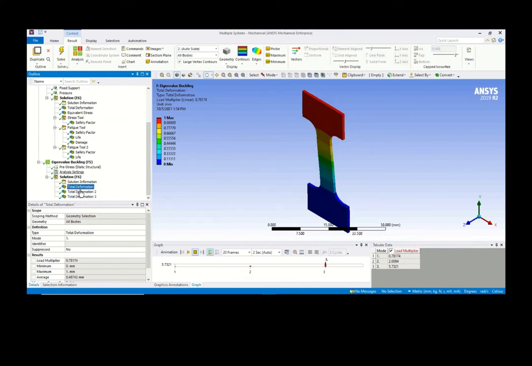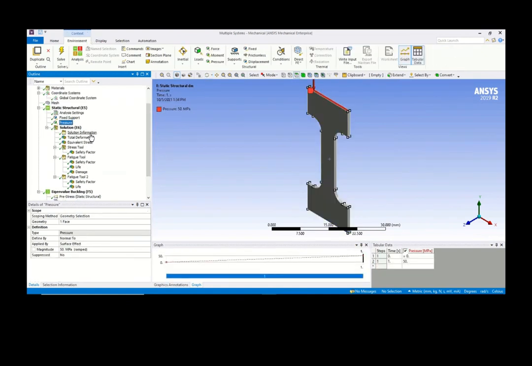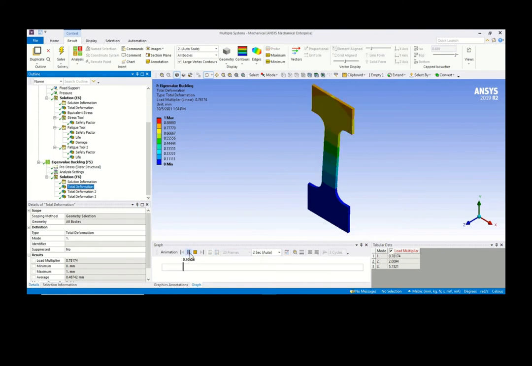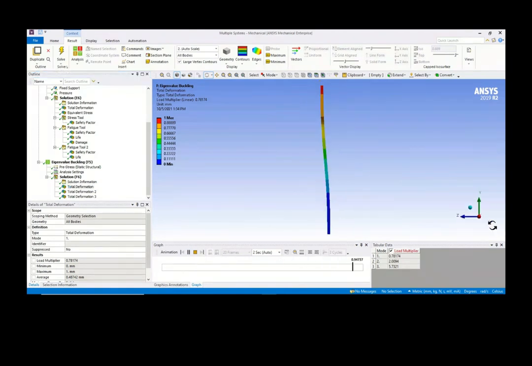After you have set this, you can solve it, and you can find that you have these three modes. The load multipliers are 0.78, 2 and 5.7. So what does it mean? Meaning if you have 50 megapascal of pressure acting on it, I only need it for the first mode to buckle like this.